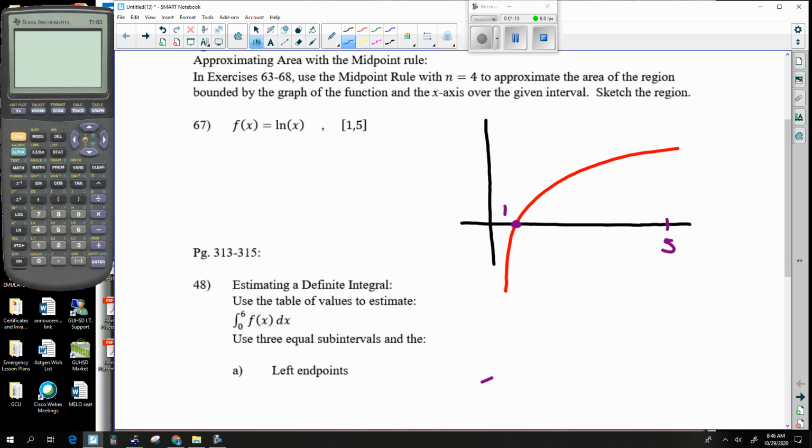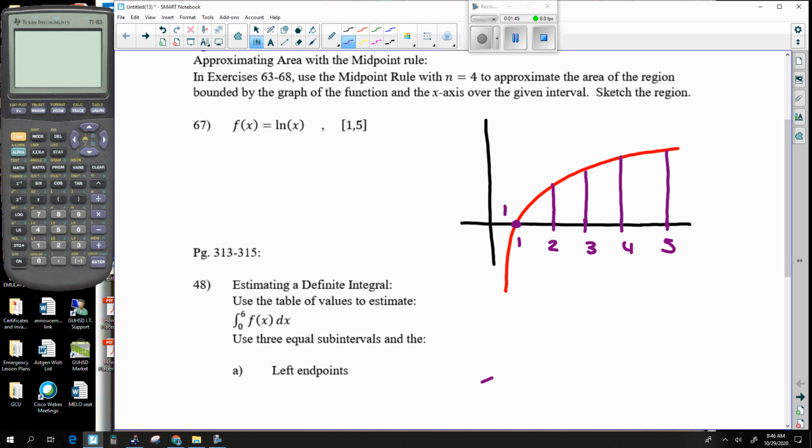So 4 subintervals are at 2, 3, and 4. So there are intervals 1, 2, 3, and 4. 4 subintervals, and we're going to make them equally spaced. So we see that these subintervals have lengths of 1. All right, so we have these subintervals that are equally spaced.